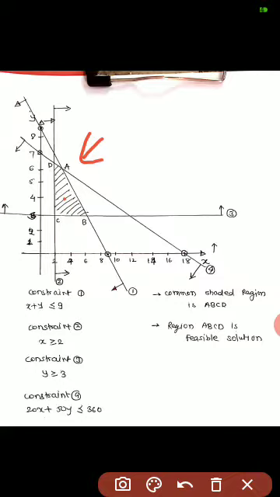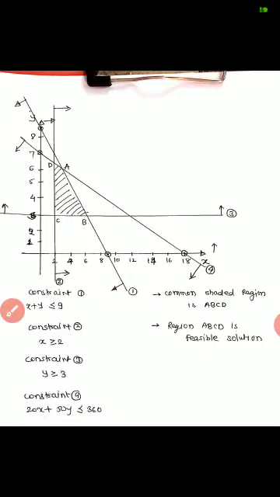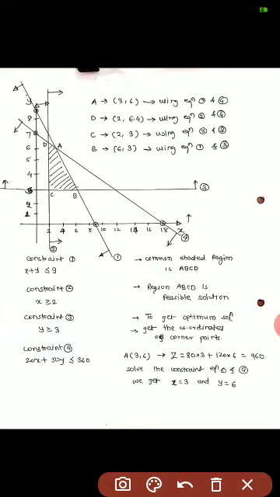For that reason, we always have to compute the corner points. That means we have to get the coordinates of the corner points. In this case, I have got the coordinates of point A as 3, 6, point D as 2 and 6.4, similarly for points C and B.